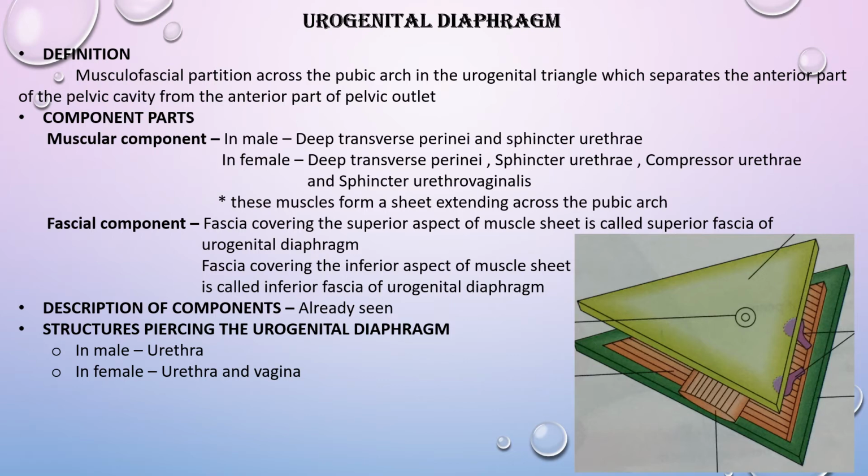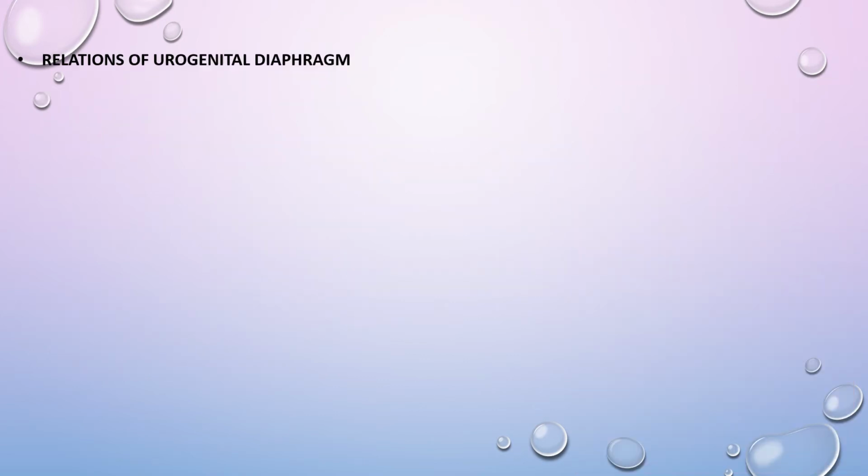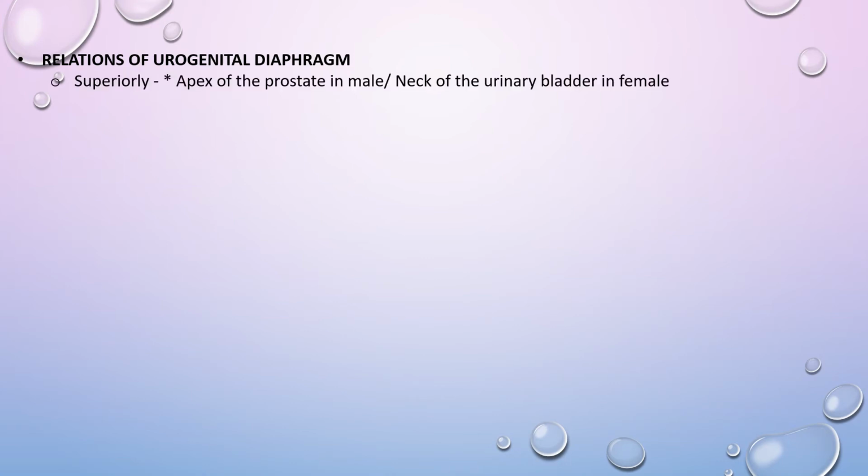If we take up the structures piercing the urogenital diaphragm, in male only the urethra, in female both the urethra and vagina. Coming to the relations of the urogenital diaphragm, superiorly it is related to the apex of the prostate in male and the neck of the urinary bladder in female.